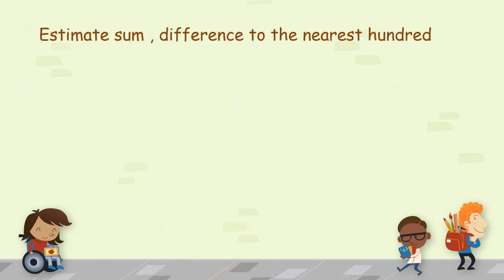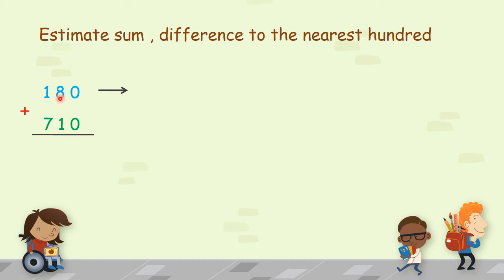Now we're going to estimate sum and difference to the nearest, what? He said 100. We have to read carefully. Okay, let's see our example. This is 180. And this is 710. What does he want to do? Add or subtract? He wants to add. We're going to estimate. First, estimate this number 180.